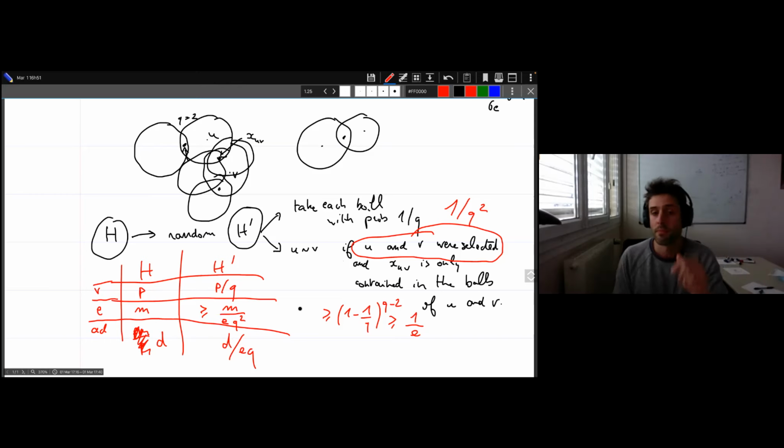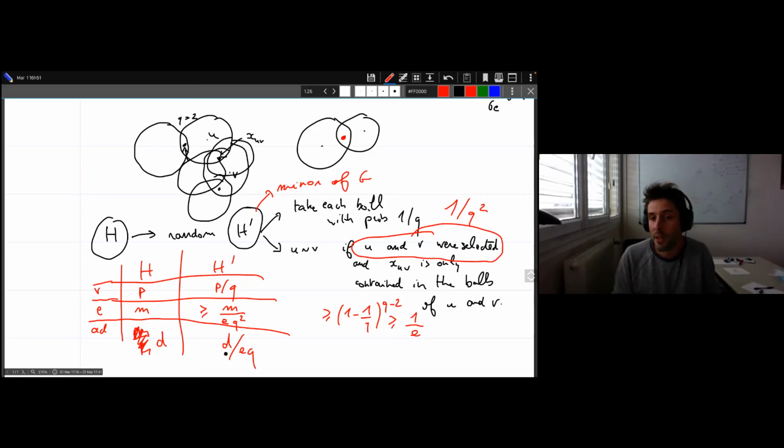All right. But now my new graph H prime, why is it nice? It has a lot of edges, and each edge corresponds to 2 balls and a vertex that lies only in these 2 balls. By the same argument, I know that H prime is a minor of G. This is the argument where I grow some tree centered in each center.